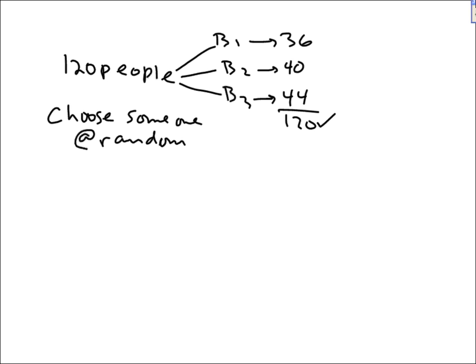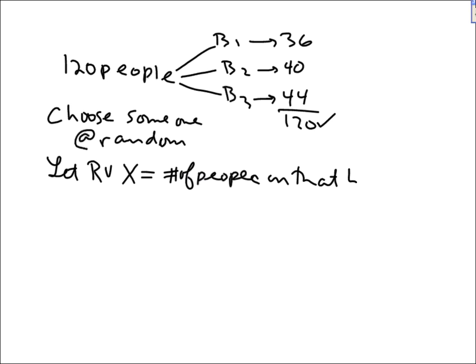Let the random variable x equal the number of people on that bus, that is, the bus that this randomly chosen person came from.